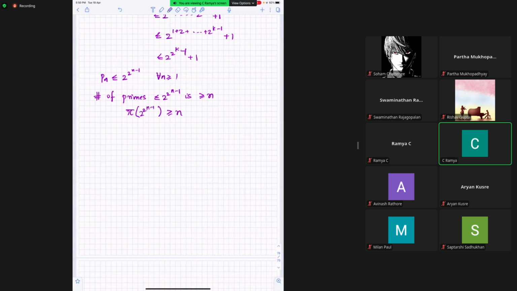Okay, so now we have this thing. So given any x, what can we say? Now I want to say that pi of x is at least log of x. So whenever I'm given an x, I can actually choose n such that log of x is strictly less than 15 and greater than 15.